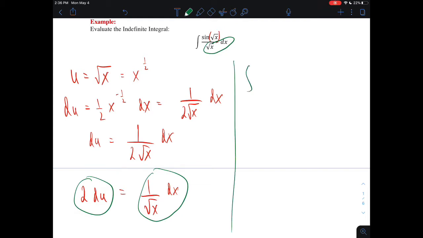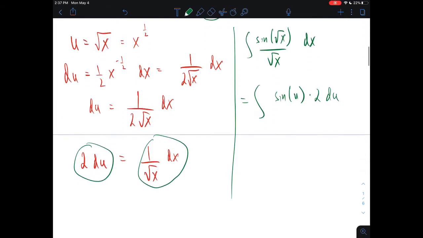So putting this all together, the integral of sine of the square root of x divided by the square root of x dx is now exactly the same thing as, instead of sine of the square root of x, I have the sine of u. And instead of the square root of x in the denominator with the dx differential, this just becomes times 2 du. I've got a constant inside of my integrand. I can factor that out.